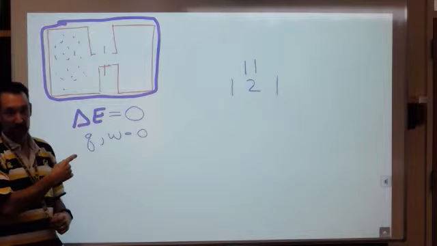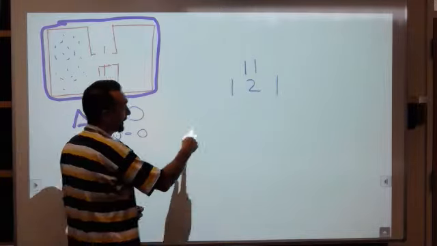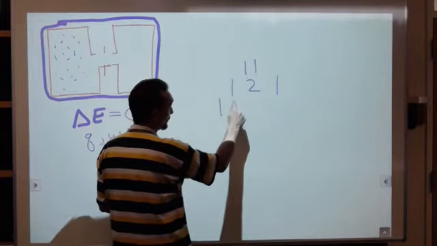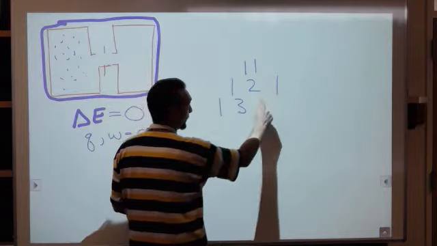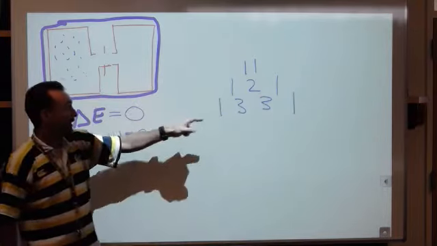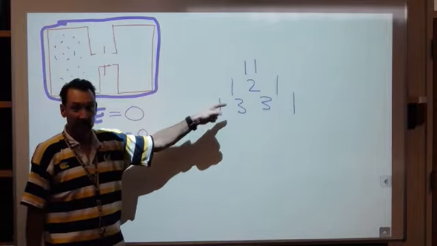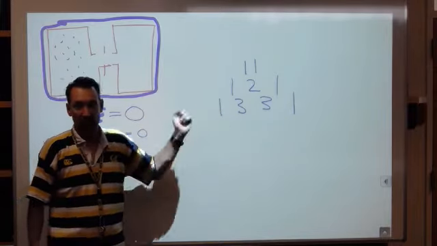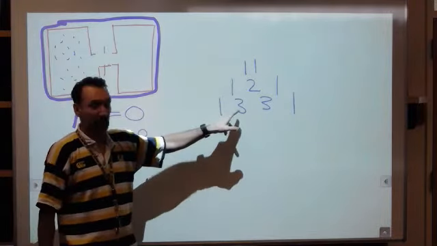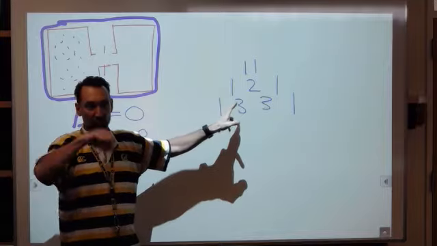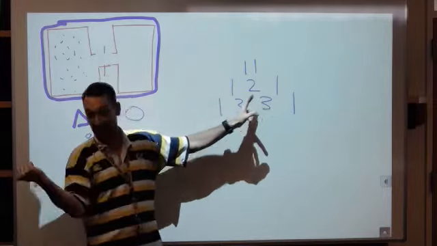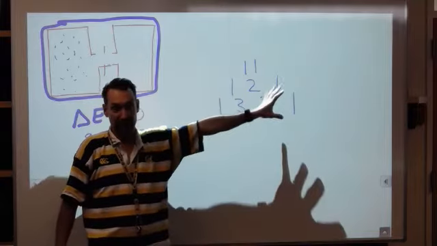And you can keep making this triangle here, and it follows the number of particles. So if I do 1, add 1 and 2 and get 3, add 2 and 1 and get 3, and add 1 and 0, I get 1. So in this case, 3 particles, there's one way to do them with all on one side, and 3 ways to do it with 2 on one side and 1 on the other, and 3 to do it with 2 on the other side and 1 on the first, and 1 way to do them with all on the other side.